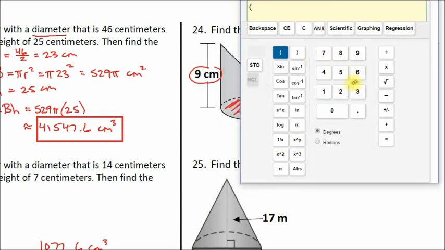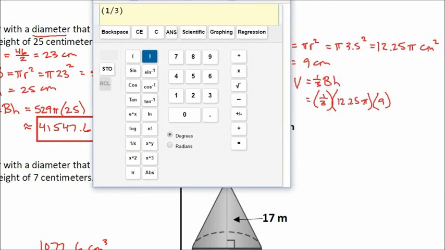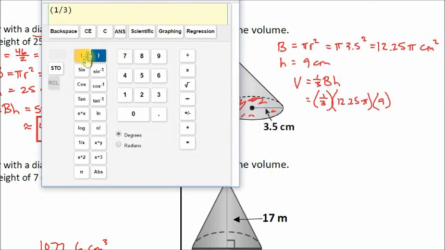So we got 1 divided by 3. Let's move this over so I can see it. Then I'll put in parentheses 12.25 pi, and then we'll put in the 9. Again, instead of using parentheses, you could have just used the multiply key right here. It'll accomplish the same thing.